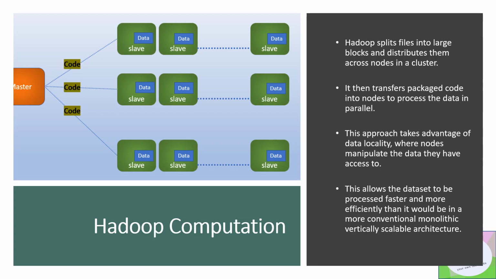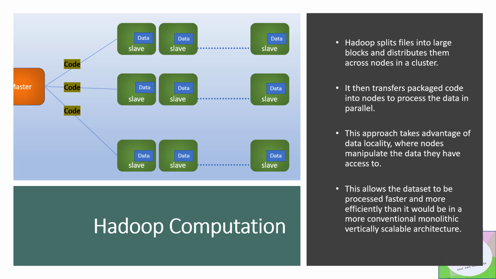So guys, let's try to understand how Hadoop computation works. As we have discussed, the way we store the data in HDFS in a distributed way is that your entire big data would be split into smaller files, which we call blocks, and these blocks would be available on the different nodes in the cluster for processing. Then the master will transfer the packaged code to the different nodes meant for the processing of the data available on those nodes.